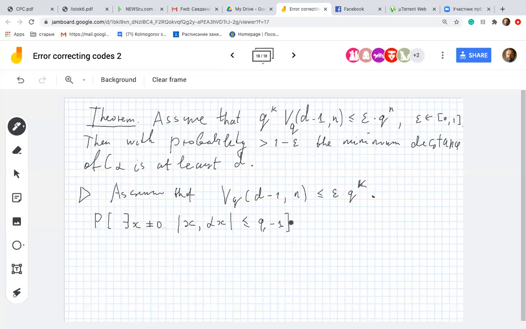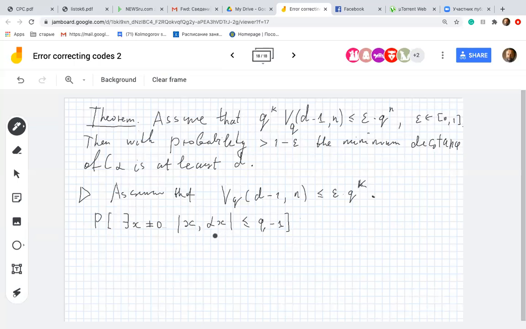We need to estimate this probability. To estimate it, informally, we will use the following fact. If we fix x, alpha x, one of the low Hamming weight code words, then alpha may be expressed through that code word.